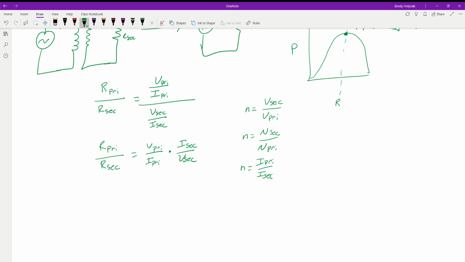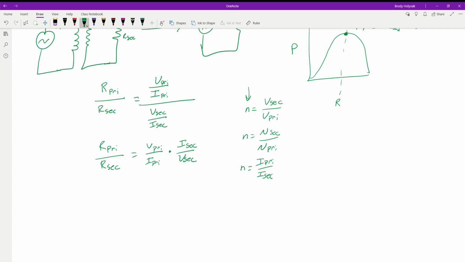So when we look through those three equations, to try and simplify this down into terms that we know, the N that we get is usually given to us in the data sheet of our transformer. So this value we know right off the bat. We'll know what kind of a load we're putting on because we're putting it on there. And so we want to see what our primary load is.